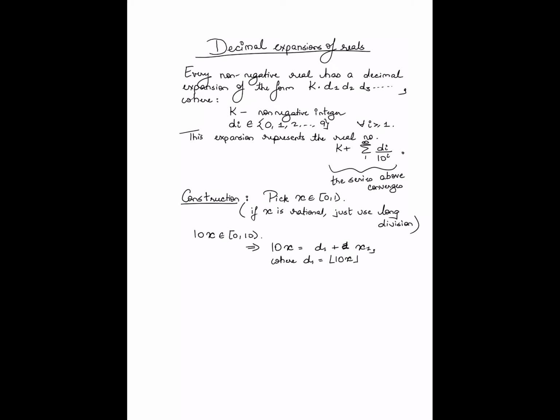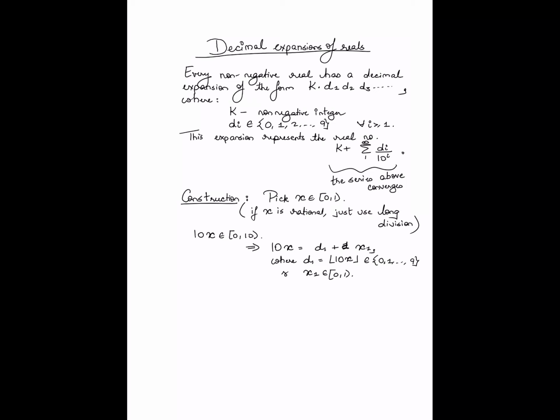That's represented by the floor of 10x. And so this is clearly in the set 0, 1 through 9, and x1 is whatever is left, because 10x is equal to d1 plus x1. So this x1 is clearly going to lie in [0, 1).